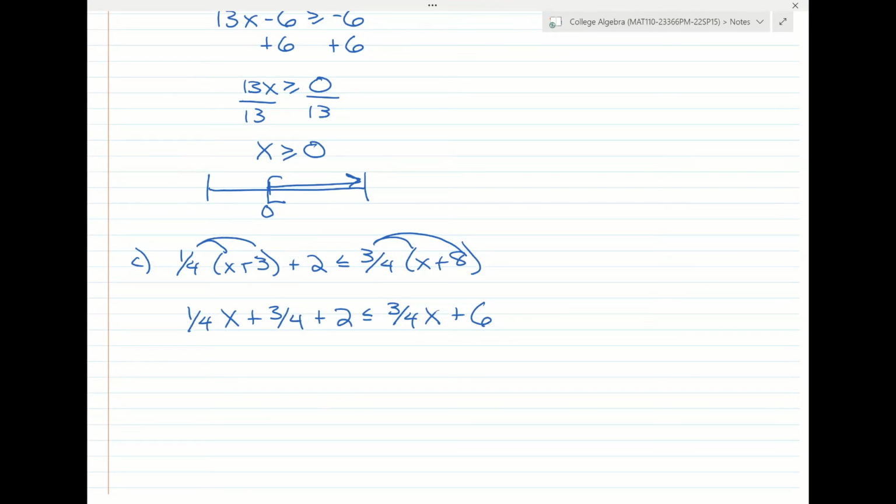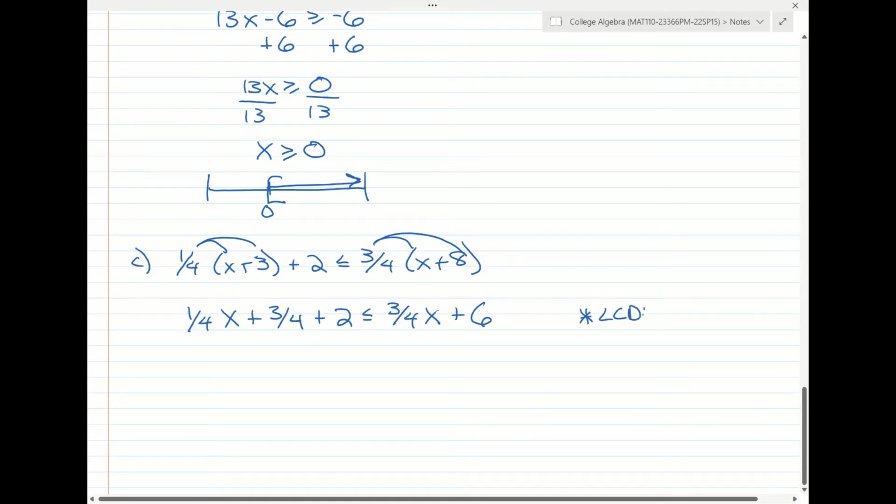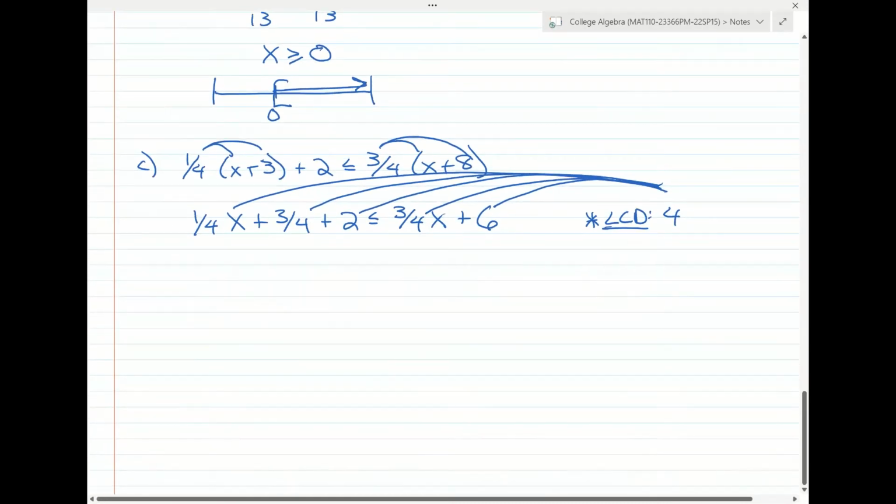Does anyone remember how we talked about to handle that in our last class? The LCD, right? Thank you. We multiply by the LCD of 4 times everything. That'll get rid of the fractions so we don't have to work with them.